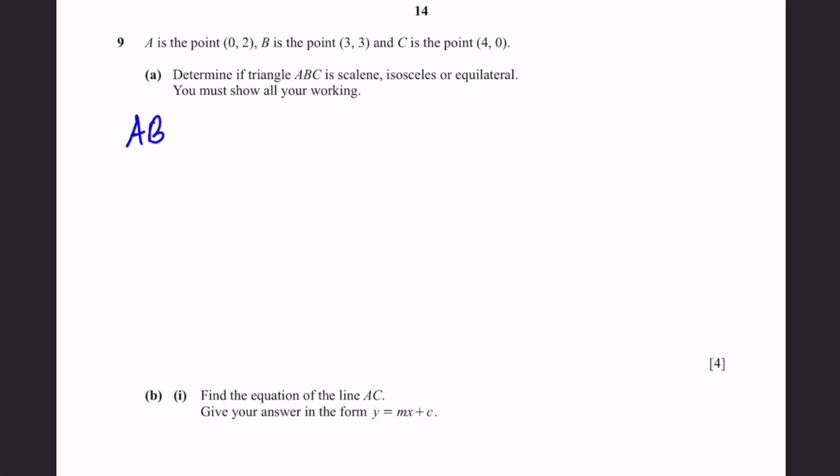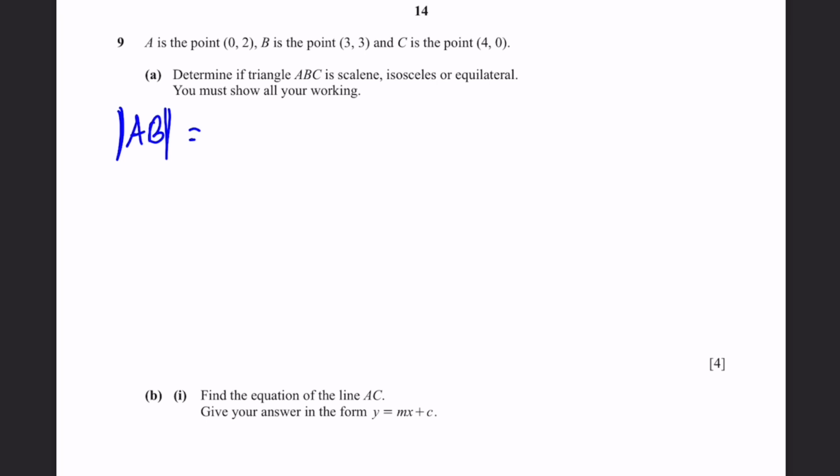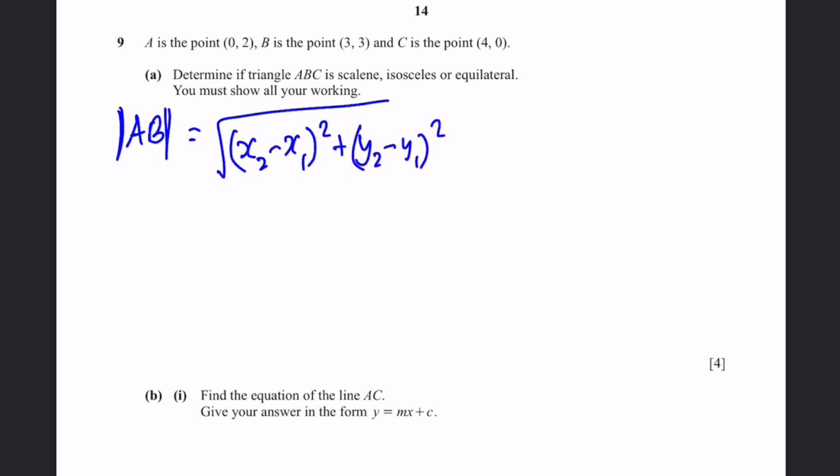So the length of side AB, which is often written as modulus of AB, with these two large vertical lines on either side, is going to be equal to, using our distance formula, x2 minus x1 the whole squared plus y2 minus y1 the whole squared, and we square root this complete thing.